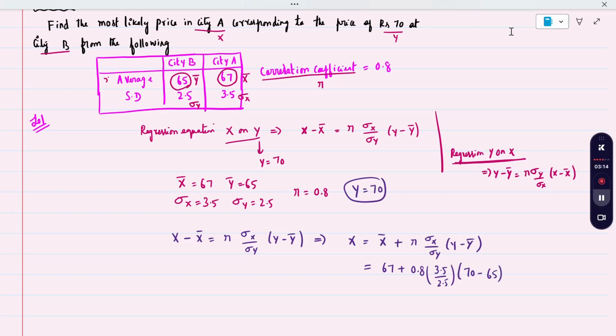Do everything in a calculator. When I do it in a calculator, I get the answer 72.6. My X is nothing but 72.6.